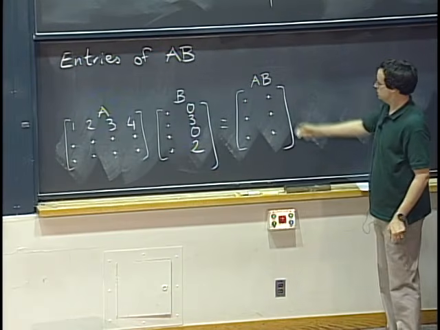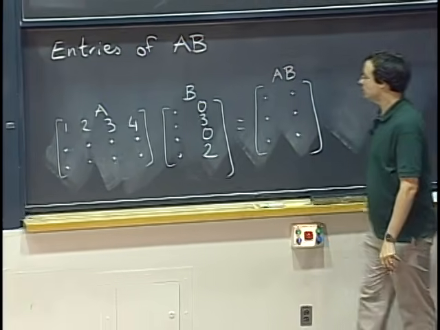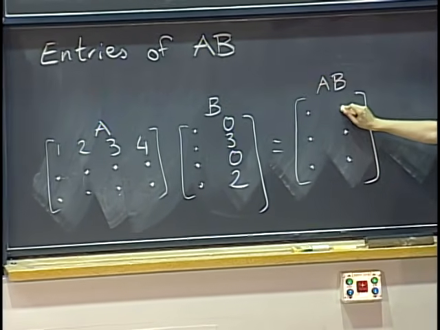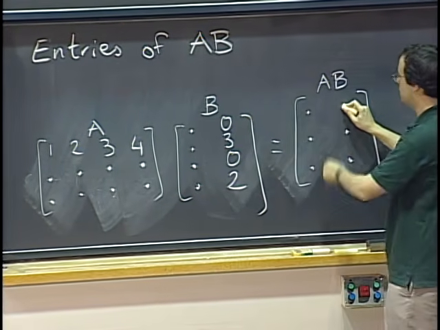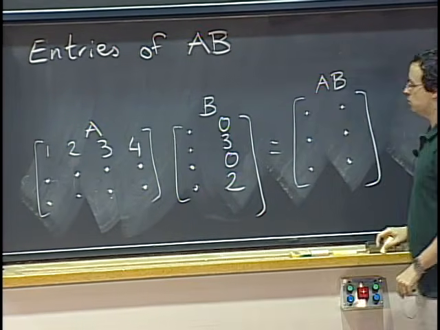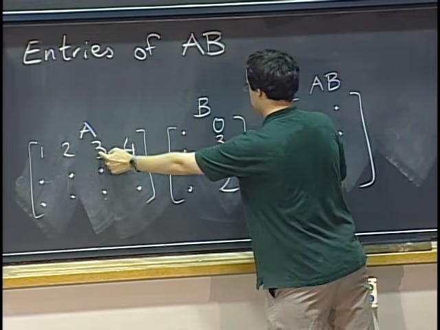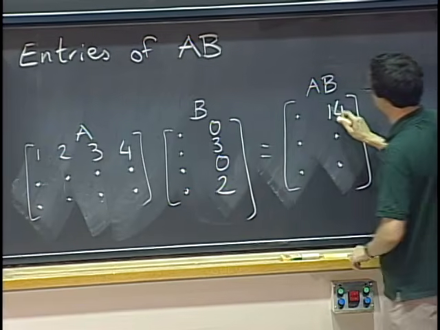Okay? And we cannot compute most of them because I didn't give you numbers. But one of them we can compute. We can compute the one that goes here, namely in the second column. So I select the second column of B, and in the first row, I take the first row of A, and I find 1 times 0, 0. 2 times 3, 6, plus 0 plus 8 should make 14. So this entry here is 14.